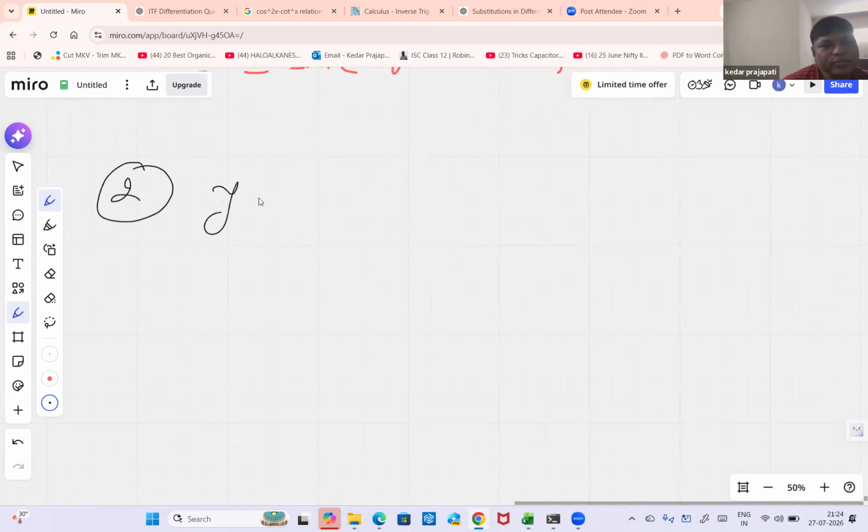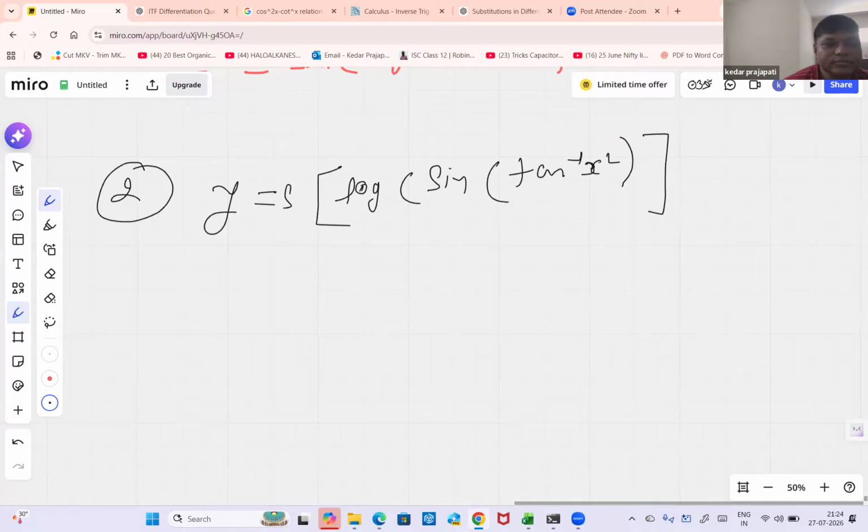So I'm writing like this. y equal to log sine tan inverse x square, and then you're taking sine here. So don't think that question is tough. Question is very easy if you know the method.